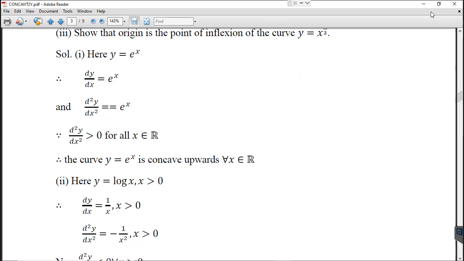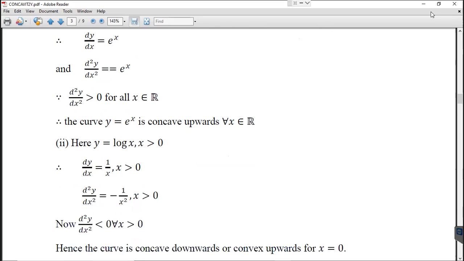Now we will discuss the case where the curve is concave downwards. Second example, the given curve is y is equal to the logarithmic function of x, and we have to check the condition for concave downwards for x greater than 0. Step 1 is to find the second order derivative of the function with respect to x, and we know that the second order derivative of log x is equal to minus 1 by x square.